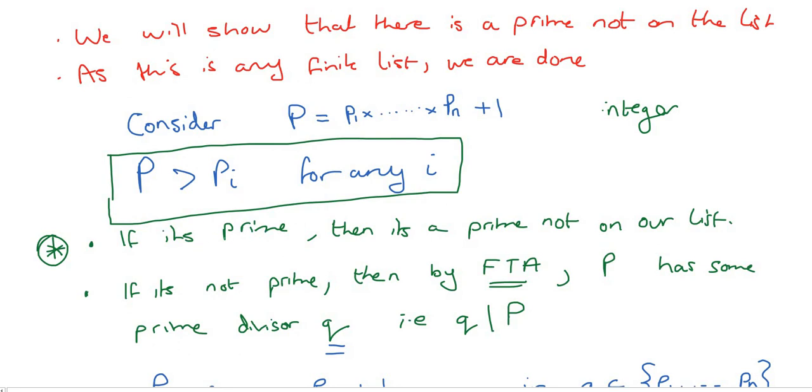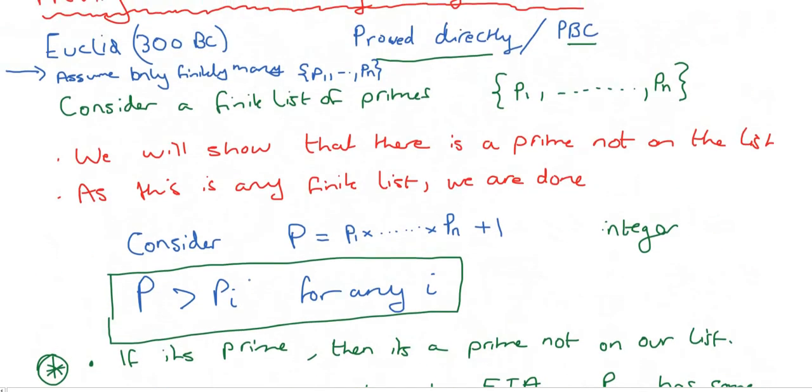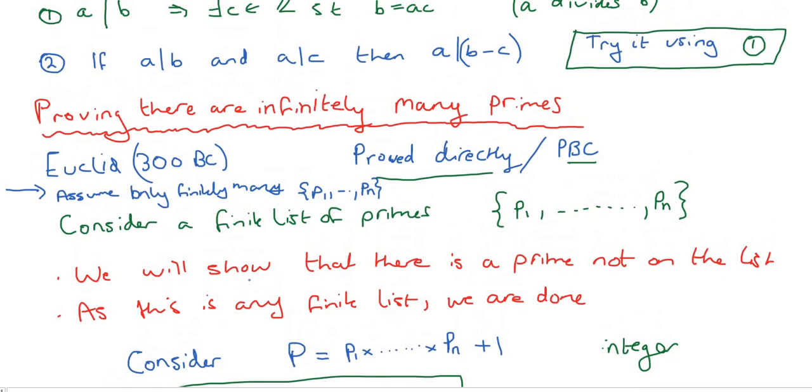Basically, our proof is proving it by cases. We've considered this number, we've said what happens if it's prime, we've said what happens if it's not prime. We've shown that if we have any finite list of primes, there's always a prime that's not going to be on that list. Because we can take a list of primes to be arbitrarily long, this proves that there are infinitely many primes.